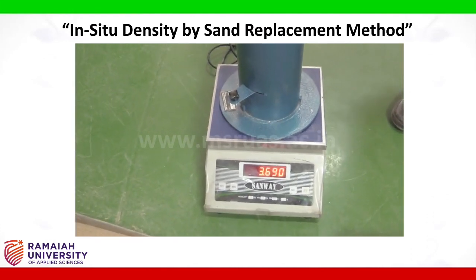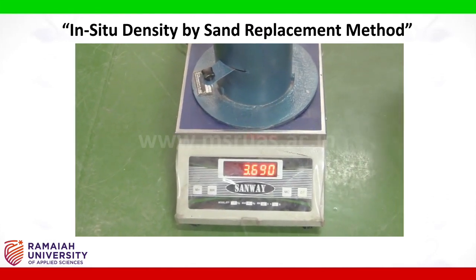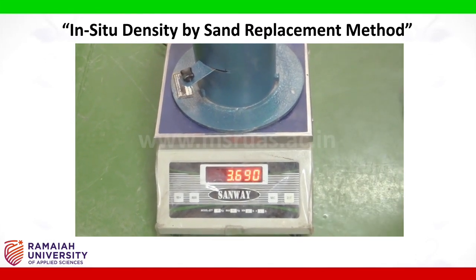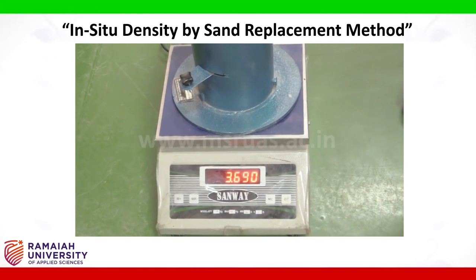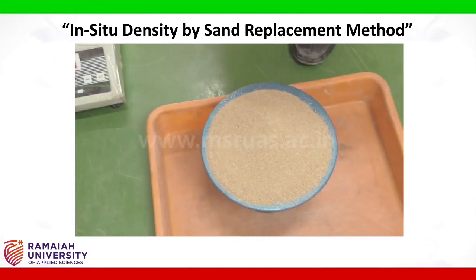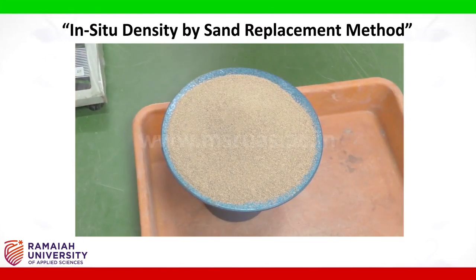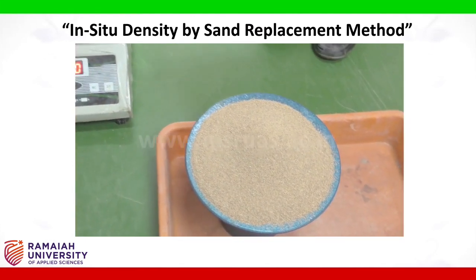Now, the difference between the initial weight and this weight gives the amount of sand which is required to fill the calibrating container as well as the conical portion on the bottom of the sand pouring cylinder. Now weigh the calibrating container with the sand.